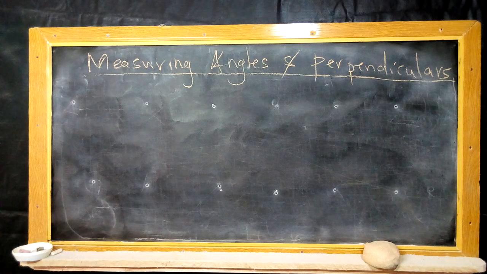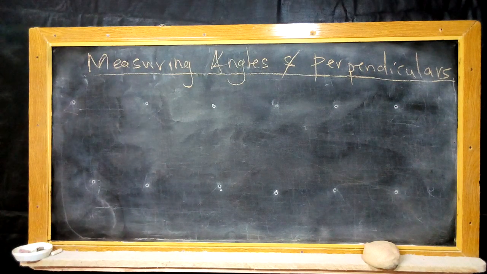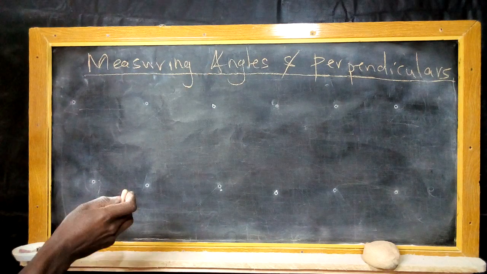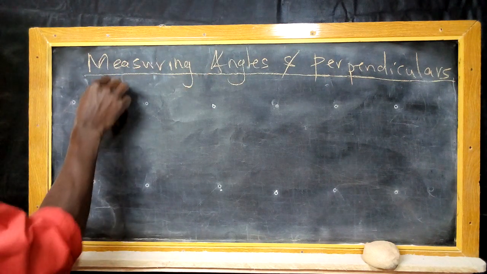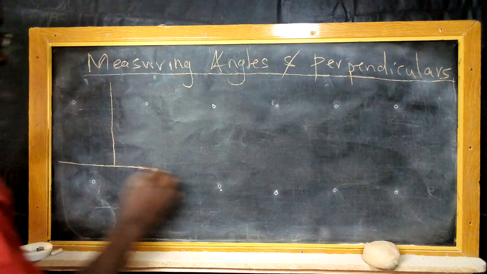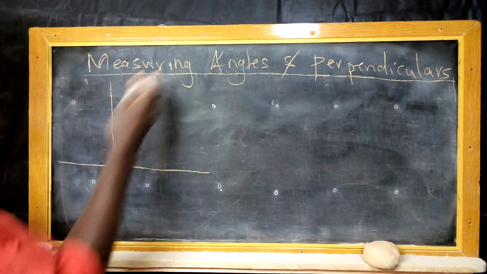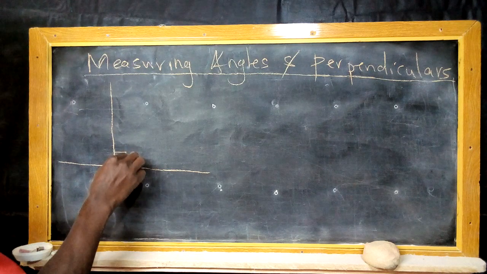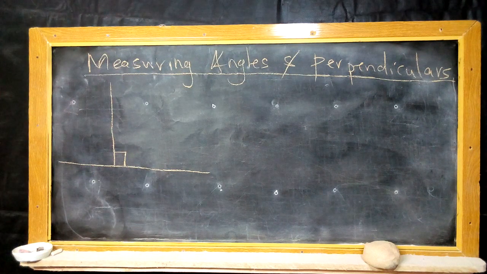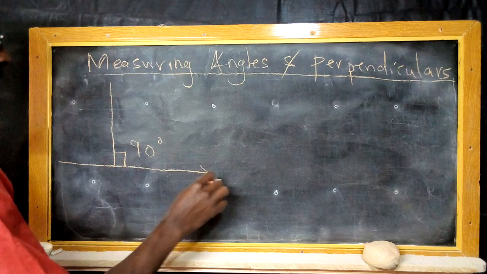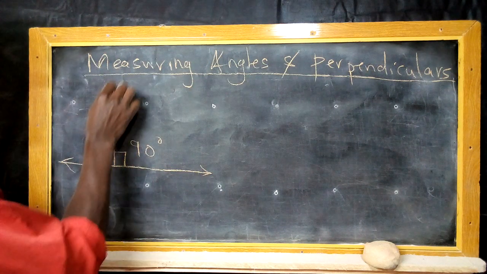Or in that case, it's about measuring the magnitude of that angle. So if we talk about measuring angles and perpendiculars, a perpendicular is a line that joins another one at an angle. A perpendicular is a line that meets another line at an angle of 90 degrees.